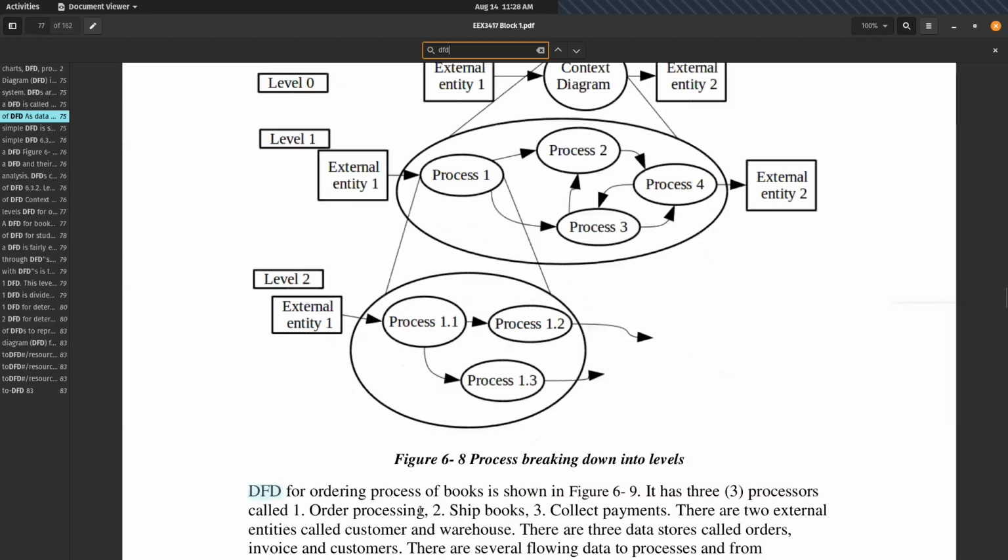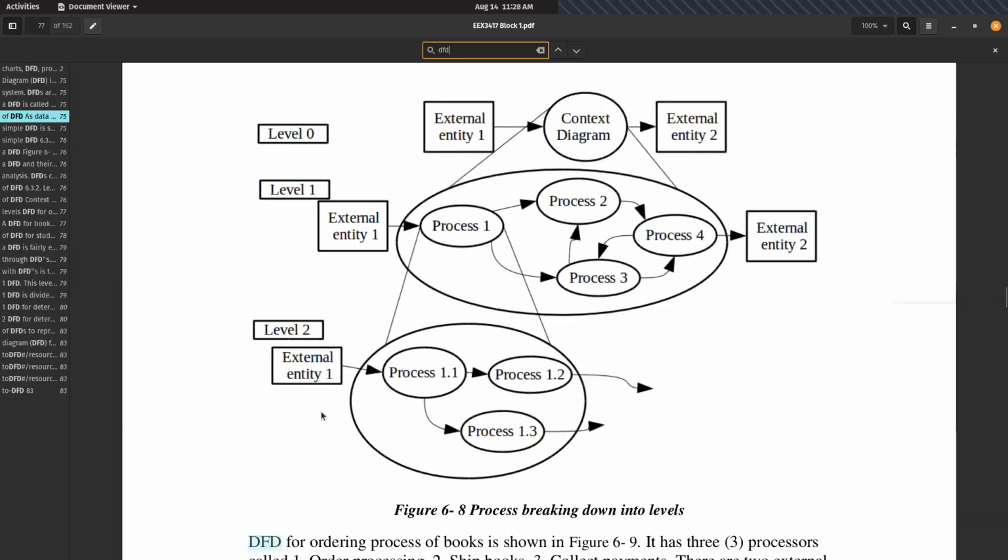And then these processes in the levels below, with the same external entity, the processes become 1.1, here 2.1, 2.2, like that. Here for this one, 3.1, 3.2, like that.